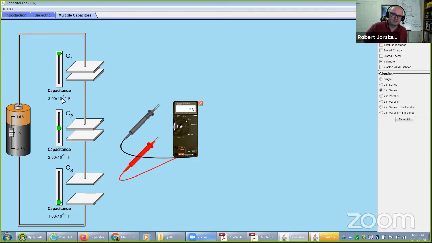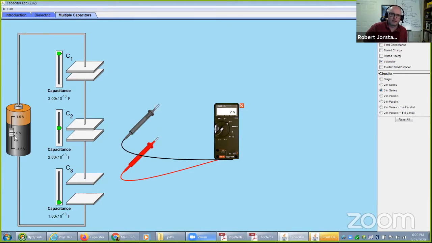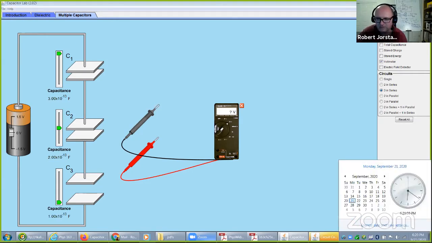You can see the capacitances: I have a 3, a 2, and a 1. Who cares about the 10 of those right now? Which one of these should have the most charge? Which one should have the most voltage? All right, I'll give you 30 more seconds to think about that.